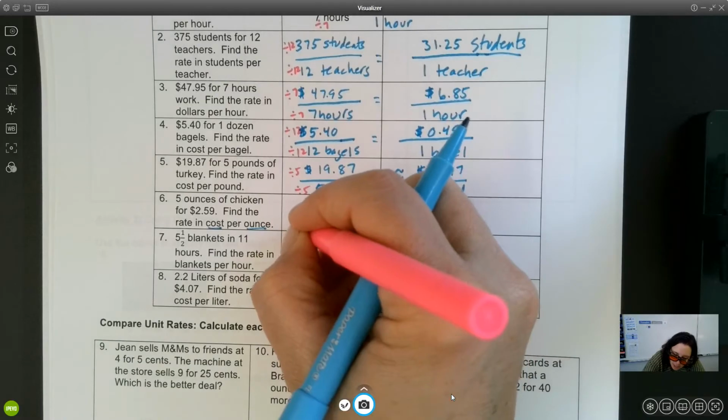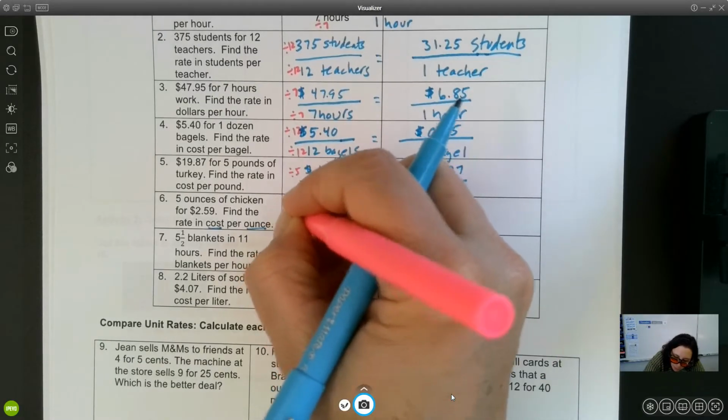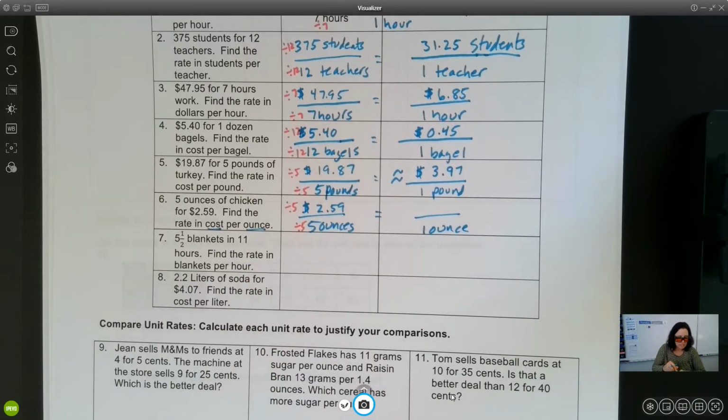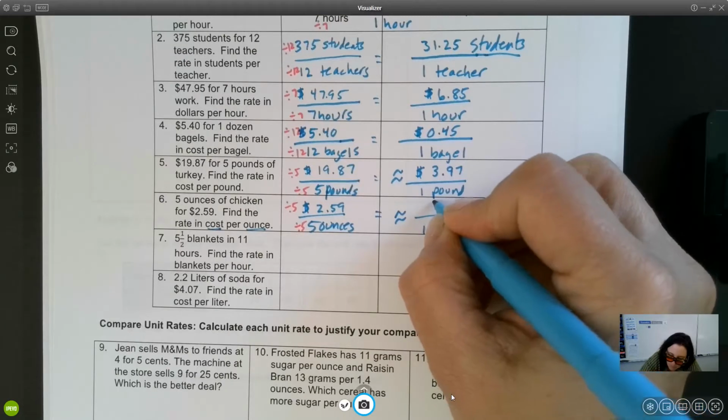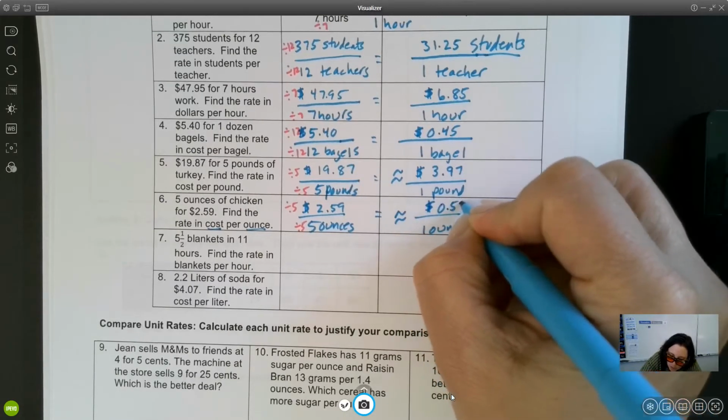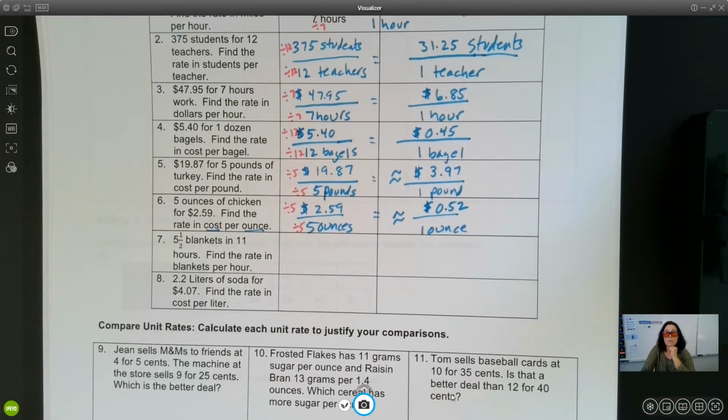It looks like we're going to be roughly again. $2.59 divided by 5 comes out to be roughly 52 cents per ounce. And again, I rounded that.